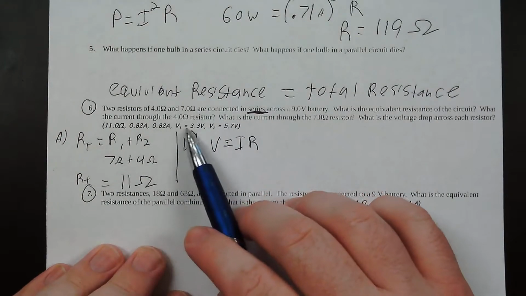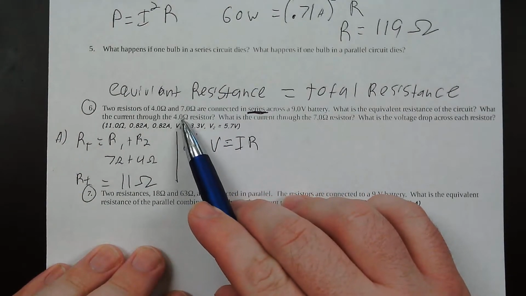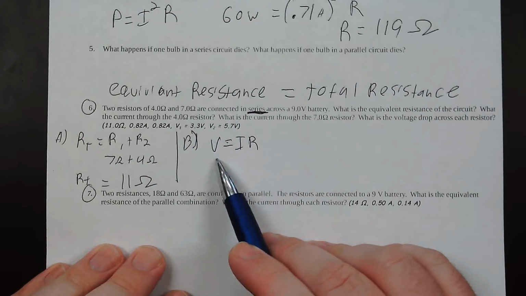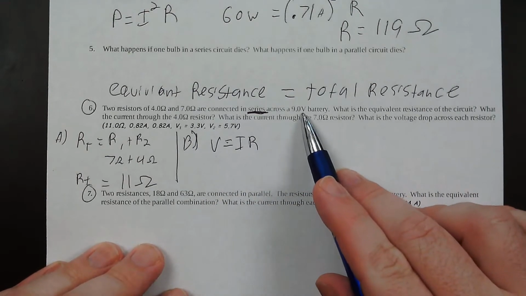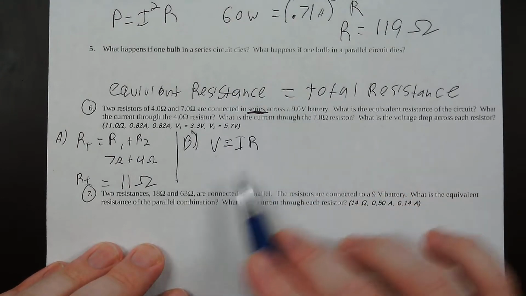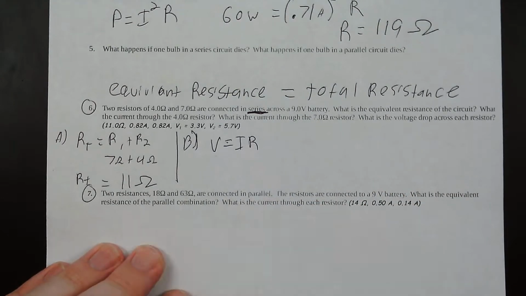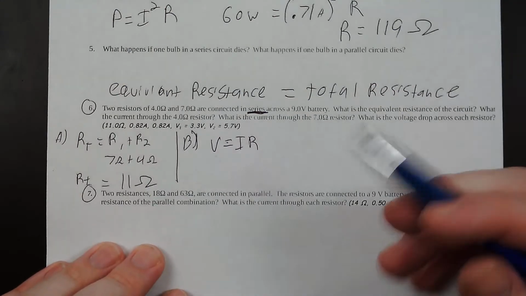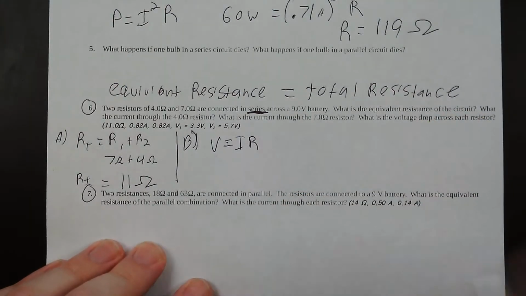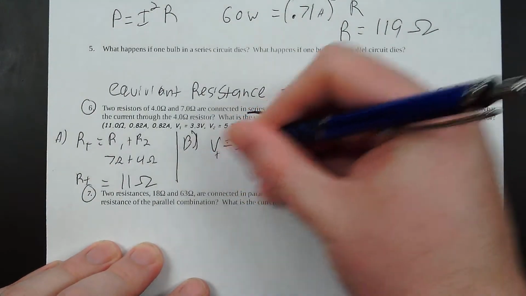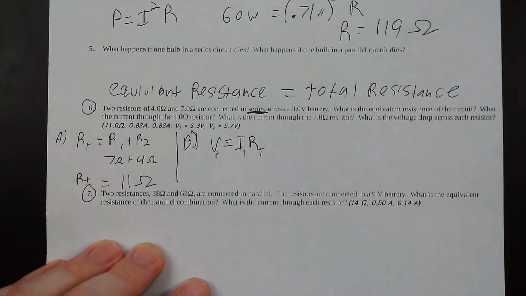So if I wanted to find it specifically through the 4 ohm resistor, I would need to know the voltage across the 4 ohm resistor. And I don't know that. I only know the total. But I know the total voltage, I know the total resistance, I can solve for the total current, which means it's going to be the same everywhere else. So that's what I'm going to do. Okay, I'm going to use V total to get I total to get resistance total.